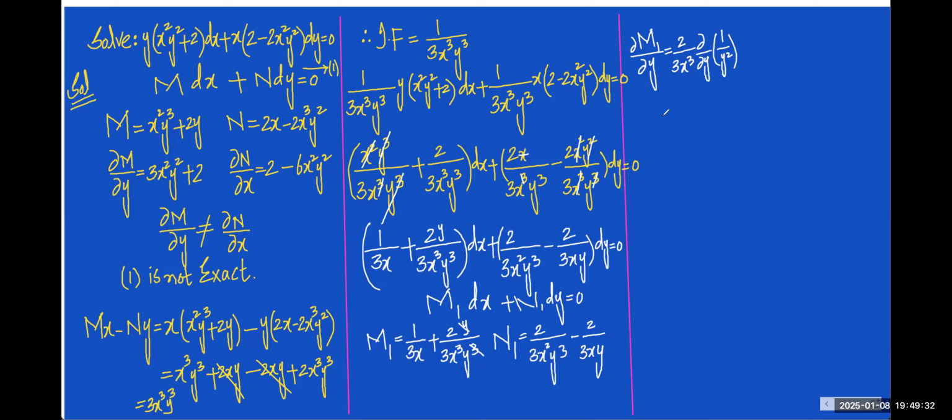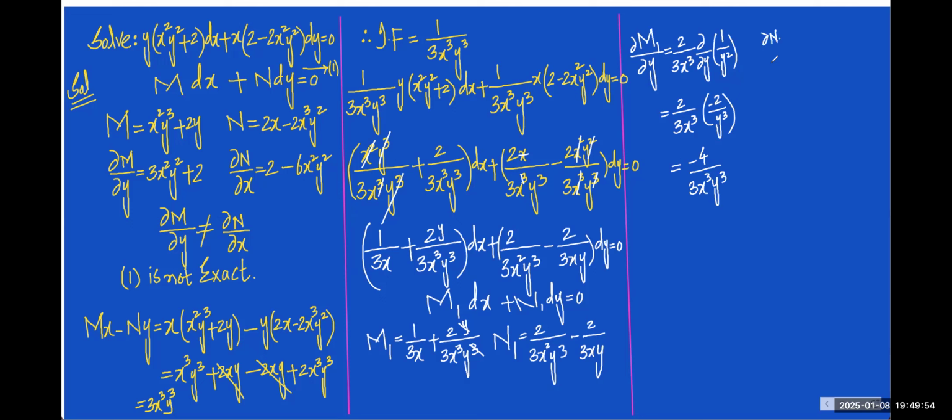So this is 2 by 3x cube, and 1 by y square differentiation is minus 2 by y cube. So the answer will be minus 4 by 3x cube y cube. Yes, sir. Okay.